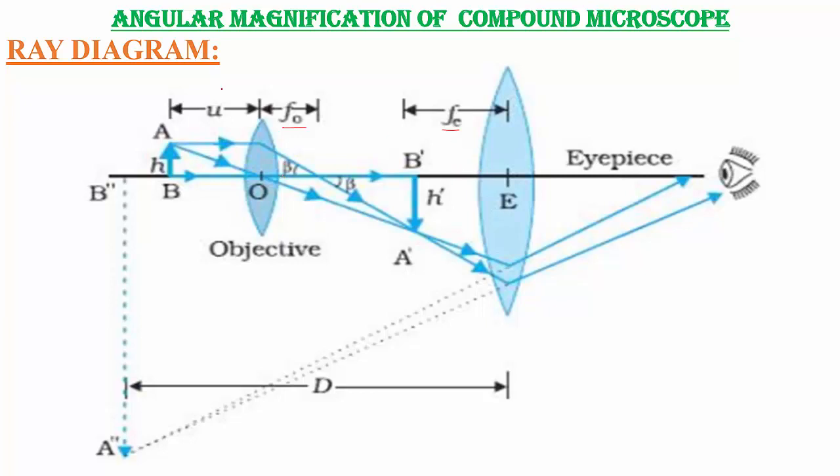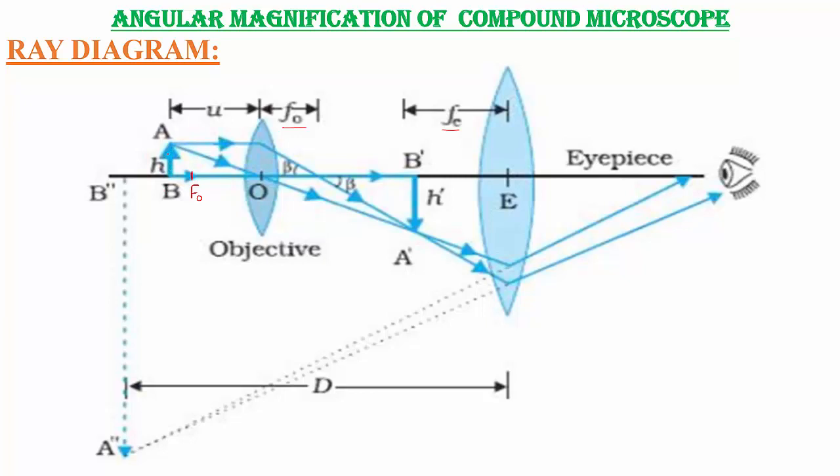Right? Now here I am going to keep object AB just beyond the principal focus of the objective lens. Suppose this is the principal focus of the objective lens. Just beyond this principal focus, let us consider object AB.